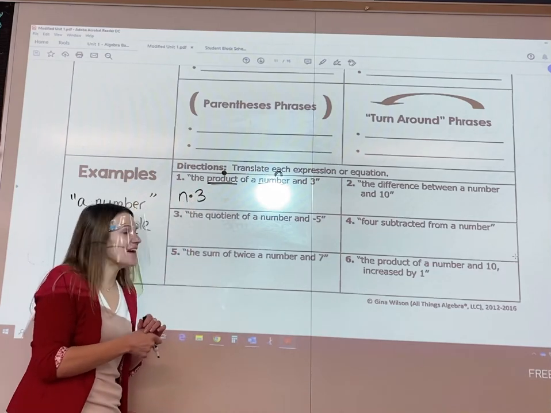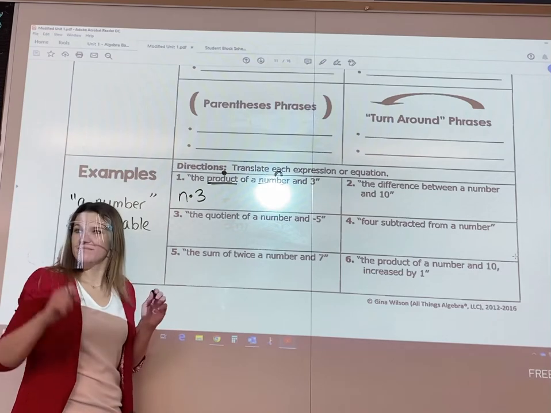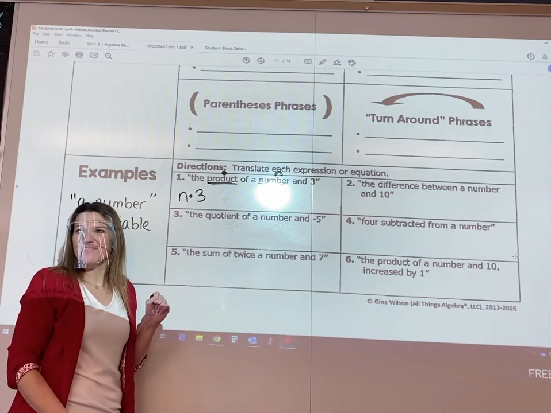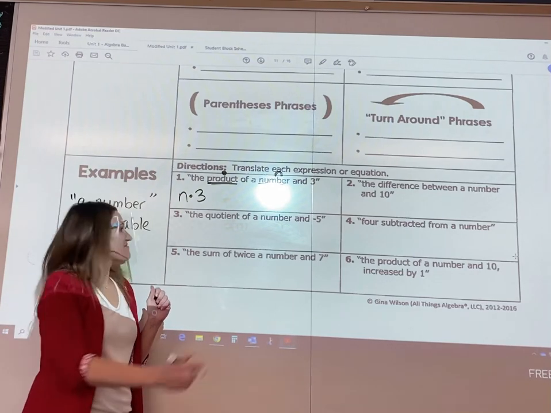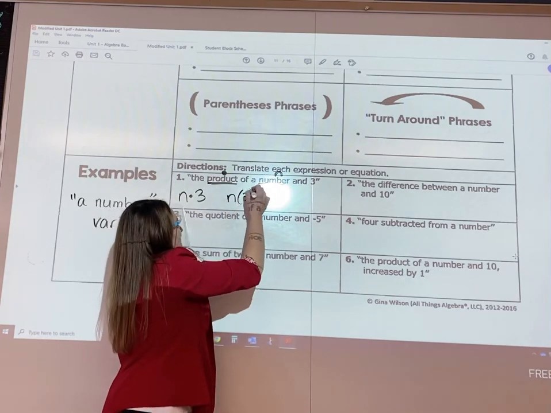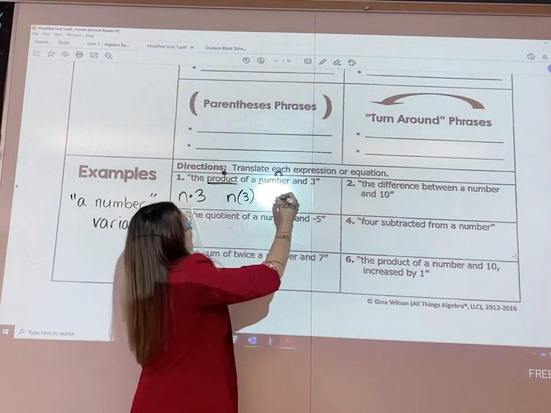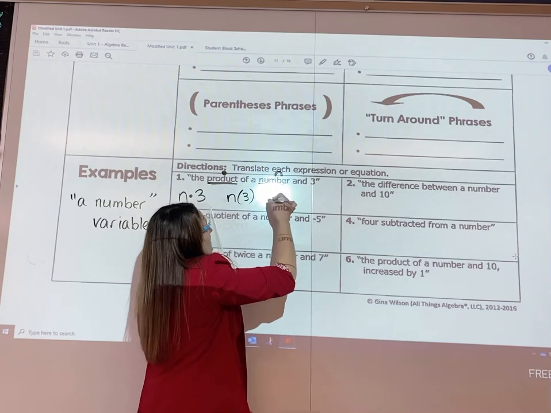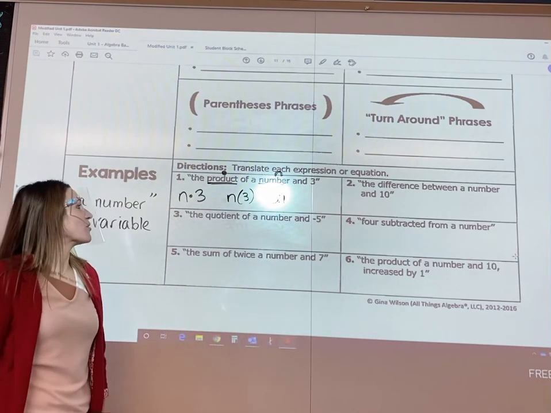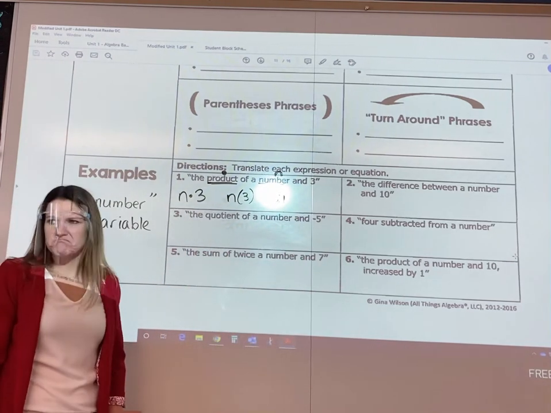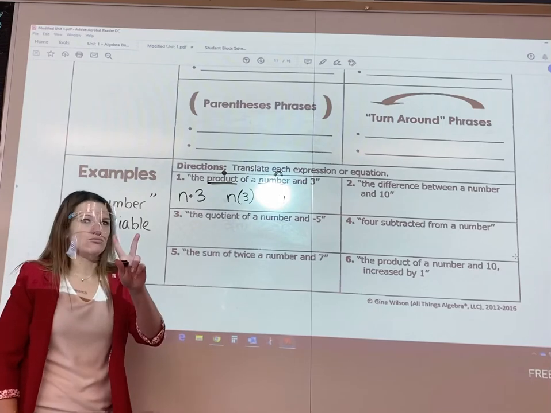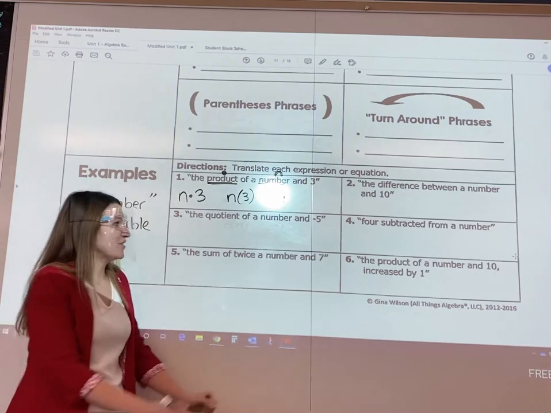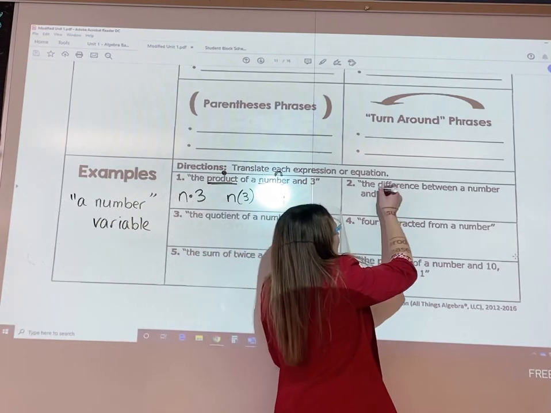Another way to write that would be what? n(3), or it could be n times 3. Yeah, even 3 times n there would be perfect. Nice job.